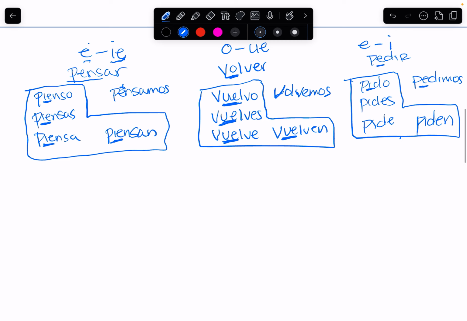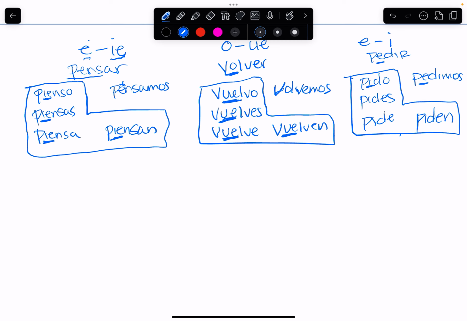So verbs that fall under this are listed in your Blackboard. Under chapter 5, there is a verbs PDF that shows you what verbs tend to change, and it even gives you the way they change.